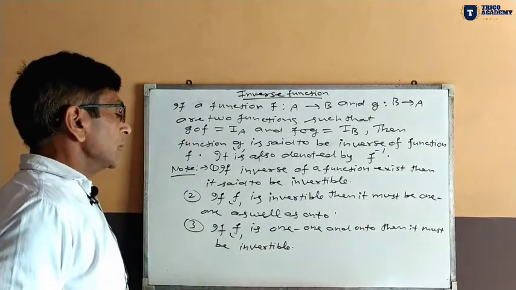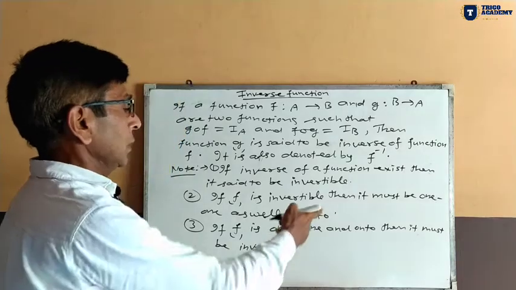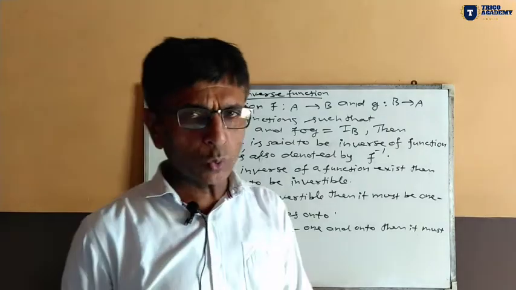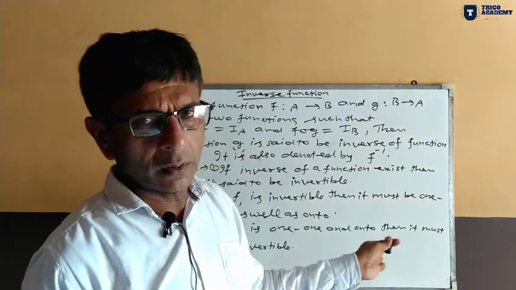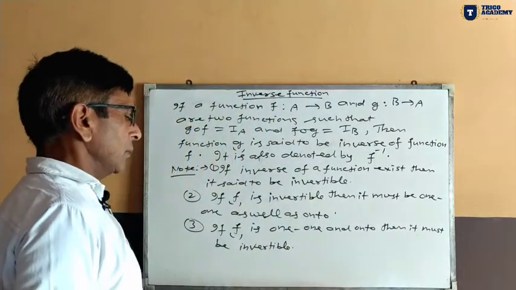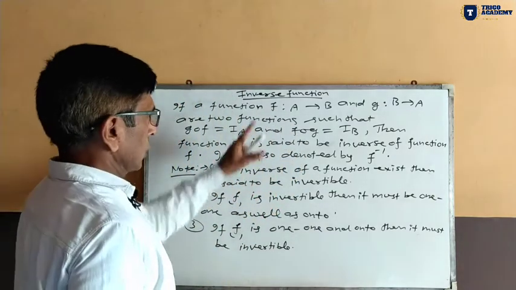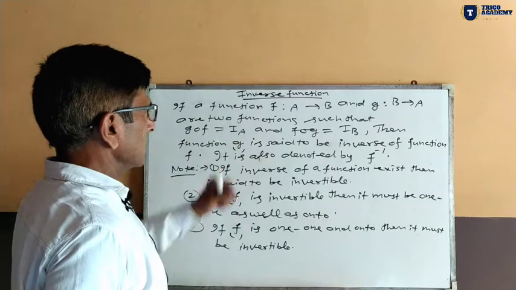If function is 1-1 and onto, then it must be invertible. फंक्शन 1-1 और onto है तो it will be invertible. वो फंक्शन invertible भी होगा. Is it clear? So these are conditions for the inverse of a function.